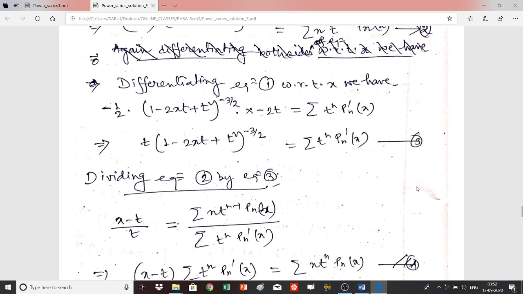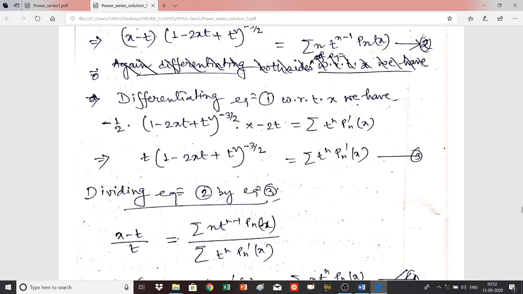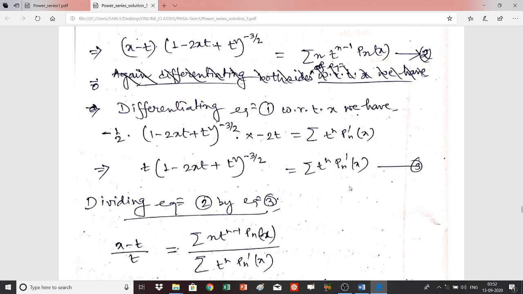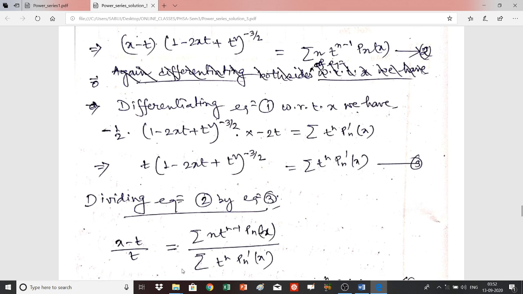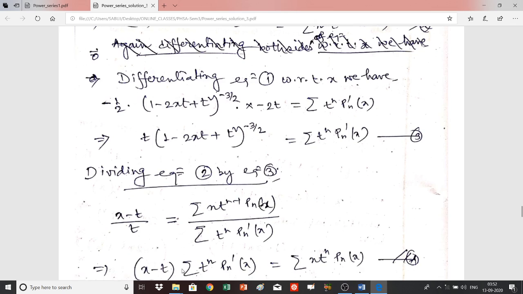Now just dividing equation number 2 by equation number 3, we have from here this term and this term will cancel out, and x minus t by t is here, that is equal to the sum over n of t to the power n minus 1 pn x by the sum over t to the power n pn prime x.